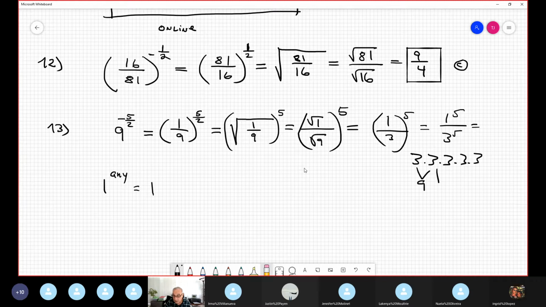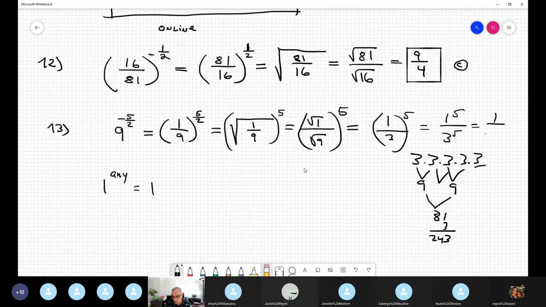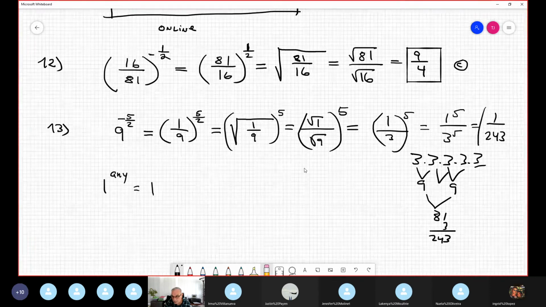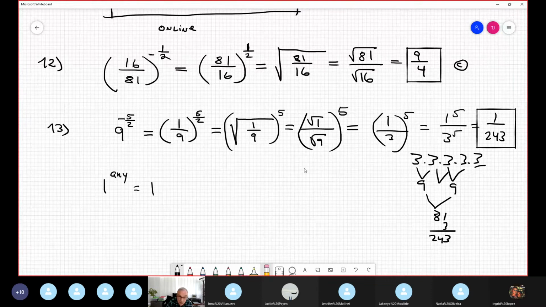This is 9, this is 9, this is 81. And 81 times the last 3 is 243. We put it in the calculator, of course. 1 over 243. Final answer. What is the option? Yes. Makes sense?